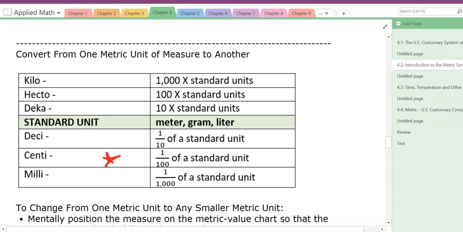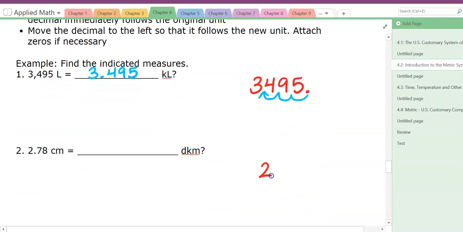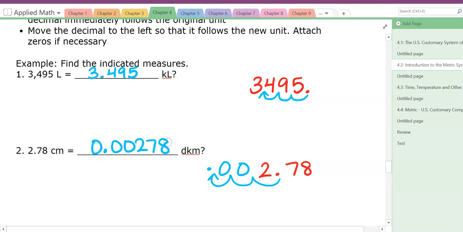So I'm trying to go to decameters. So I got to go 1, 2, 3 to the left. So coming down here, 2.78. 1, 2, 3. How many zeros do I have to add in front of my 2? Got 2 of them. So I have 0.00278.